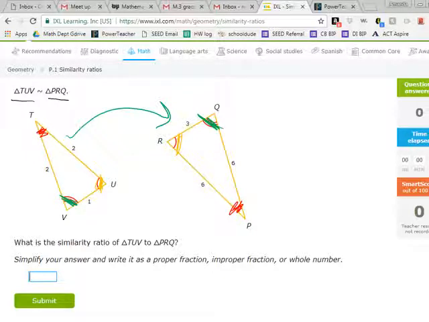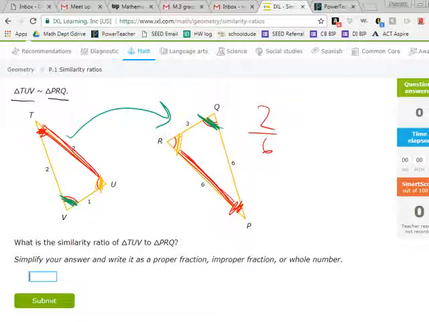So what that means is I need to find similar sides. I need to figure out what the ratio of the sides is. So if I'm going to look at those in colors too. So from T to U, we're doing that red. So from T to U means from red to orange, that would be this one here. From red to orange. So that's going to be 2 over 6.